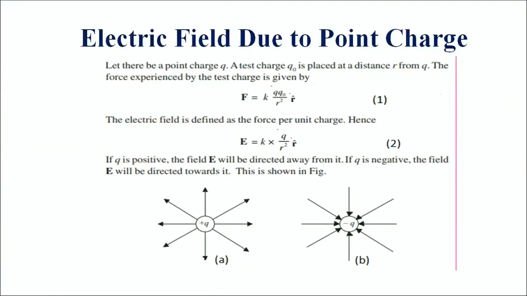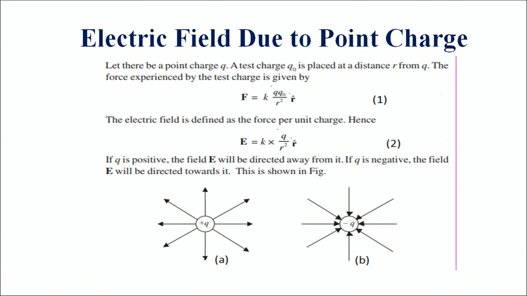Now, let us calculate the electric field due to a point charge. First of all, we will write the expression for the force between the test charge and the charge whose field is to be determined. Here the charge is Q and the test charge is Q naught. So, the expression for the force will be F is equal to K Q Q naught upon R square multiplied by R cap.